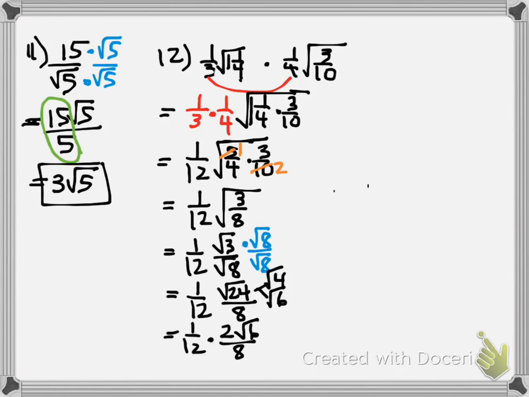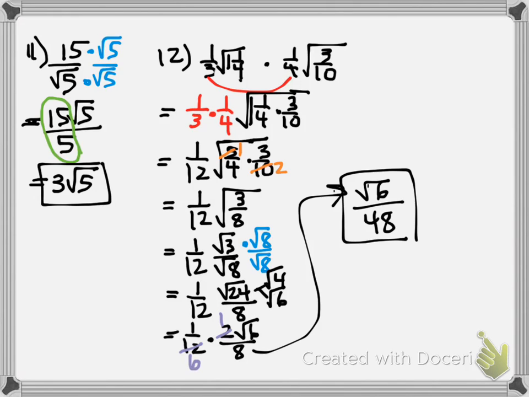You can simplify anything from one numerator to any other denominator. So for example, 2 goes into itself once and into 12 6 times. What does that leave me? Well, 1 times radical 6, which is radical 6, and 6 times 8 is 48.